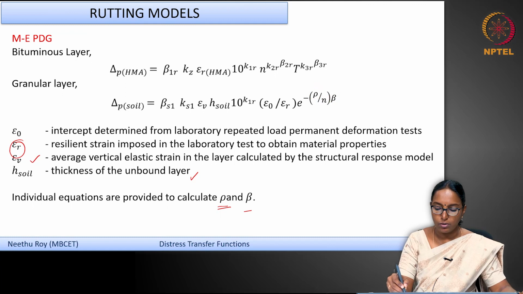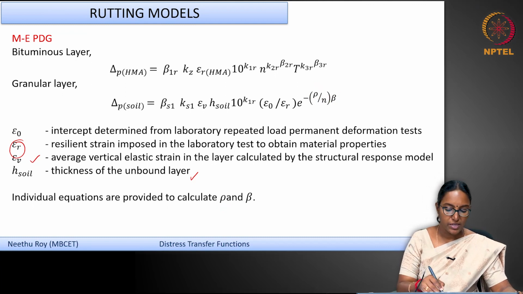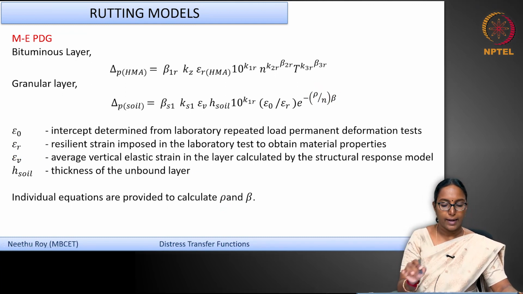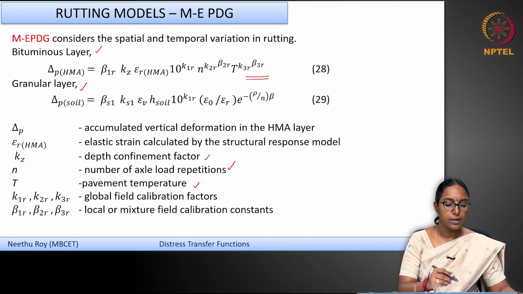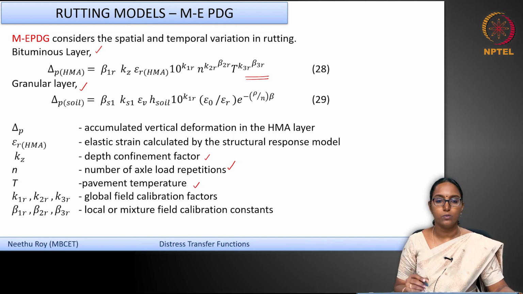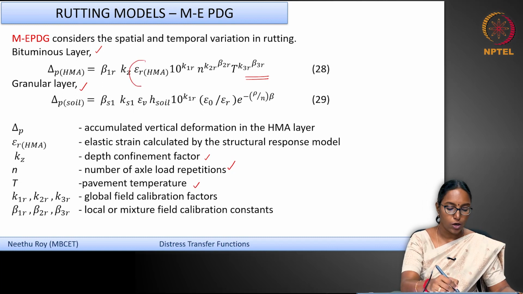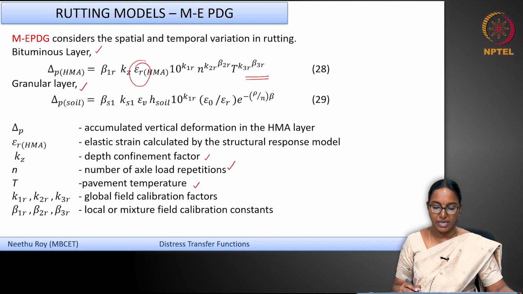I am not discussing all that in detail, but just wanted to highlight the fact that MEPDG has given a similar approach. Here, you can find out the accumulated vertical deformation in each one of the layers, which is essentially given as a factor proportional to the resilient or the elastic strain in the material.